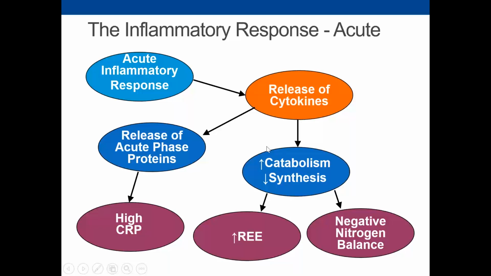But certainly you can see there's a release of cytokines, a release of some acute phase proteins, a decrease in the visceral proteins that are typically synthesized. As you see here, CRP levels, or C-reactive protein, is one of those acute phase proteins, and it will increase. The increased catabolism leads to an elevated resting energy expenditure and a negative nitrogen balance.